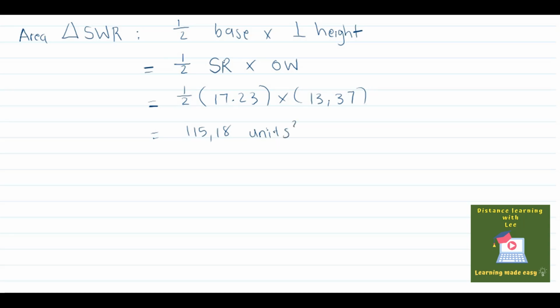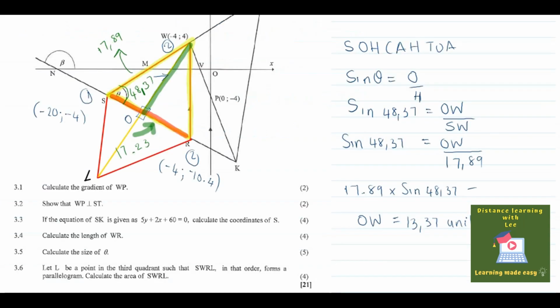This is the area of our triangle SRW. So we've calculated the area of triangle SRW, right? And we found that the area for triangle SRW is equal to 115.18 units squared. And then to get the area of the parallelogram, we just take that area that we obtained and simply multiply by 2.